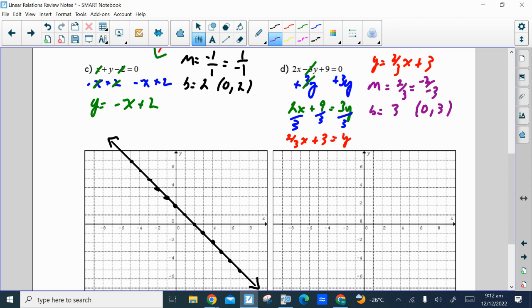And on the y-axis, x is 0. And that's where we start. We start at the y-intercept, (0, 3). And now we can apply our slope of positive 2/3, rise 2, run 3, rise 2, run 3, or negative 2 over negative 3, rise negative 2 and run negative 3.